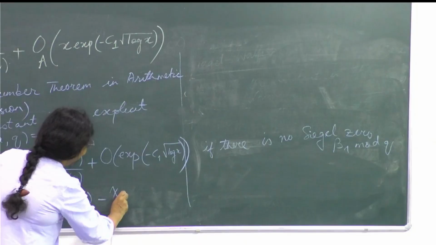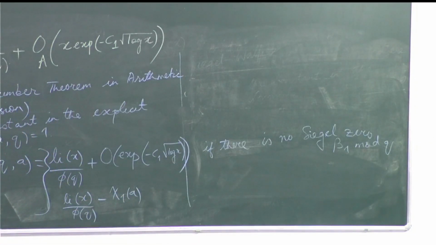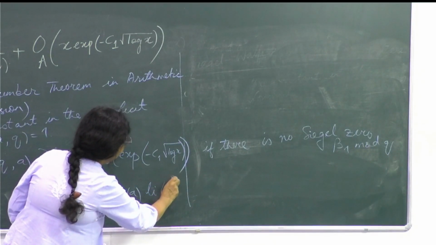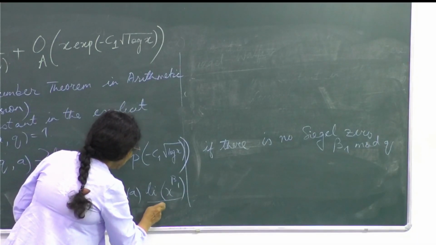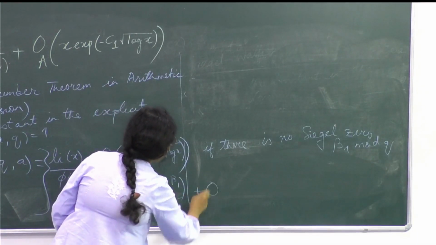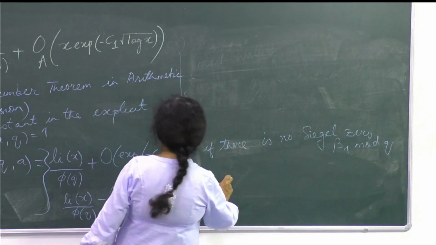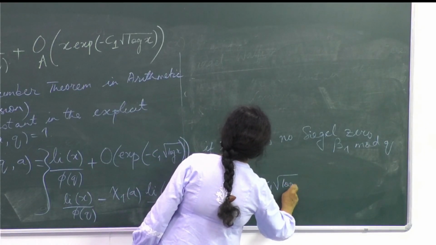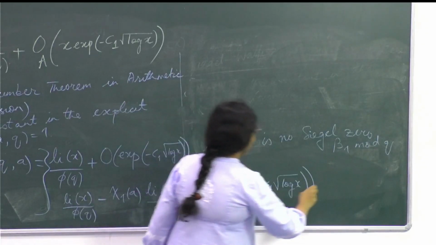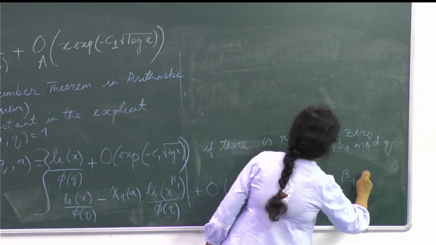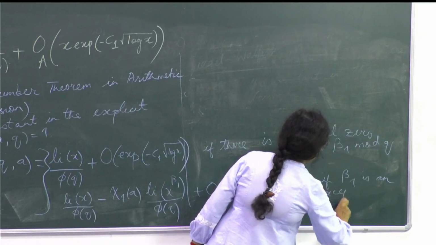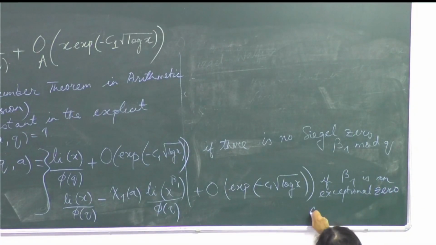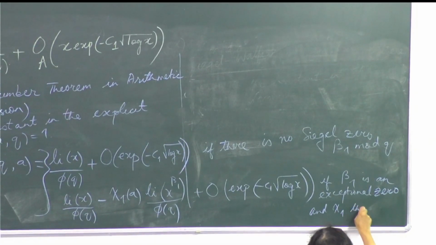So this is chi1 of a, where chi1 is the exceptional character, times the logarithmic integral of x to the power beta 1 over phi q, plus the big O again, exponential minus c1 square root of log x, if beta 1 is an exceptional zero and chi1 the exceptional character.